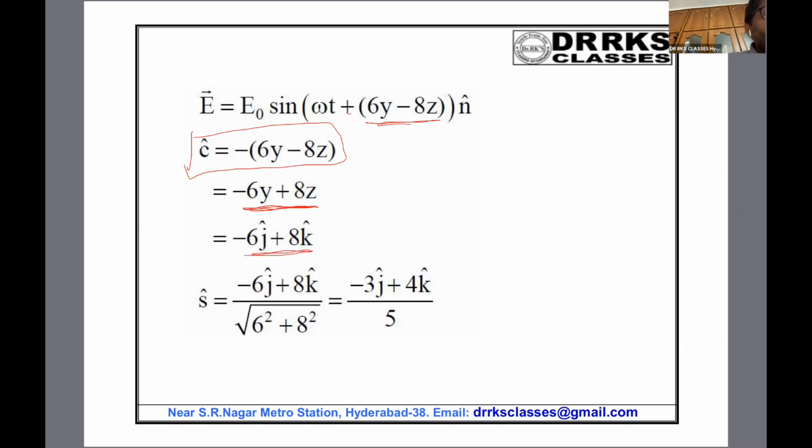Divide the vector by its modulus and I will get the direction of propagation, which is minus 3j cap plus 4k cap by 5. Remember, this is very important. This will give us the idea about the direction of propagation. It is moving in the yz plane.